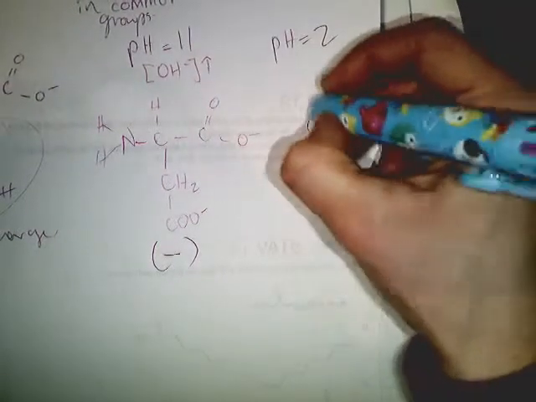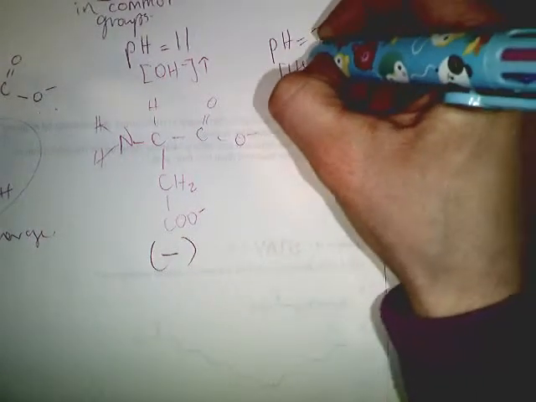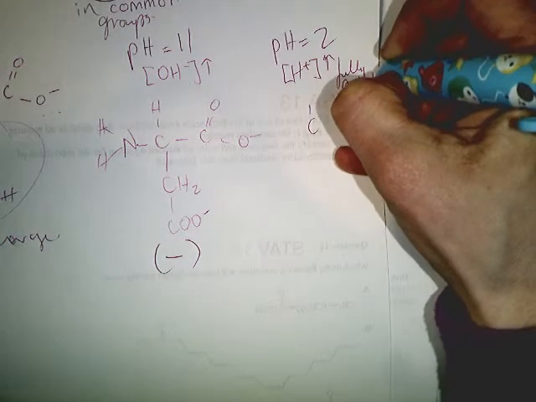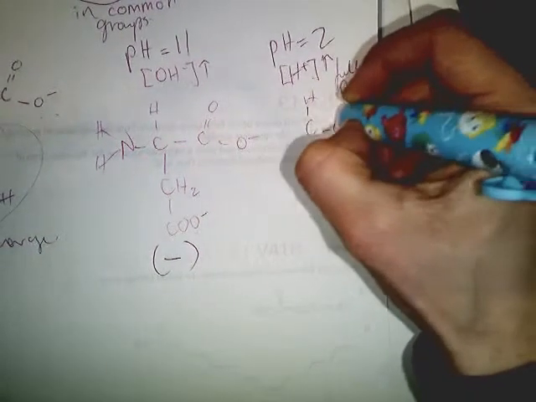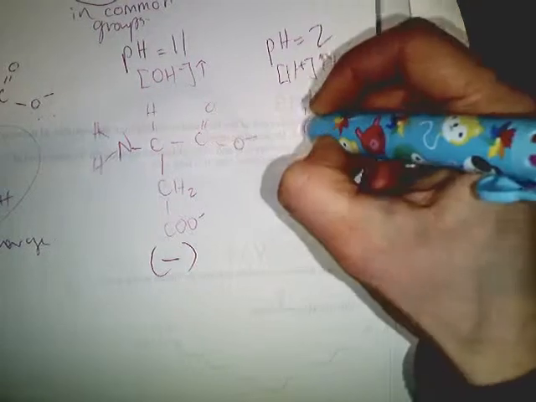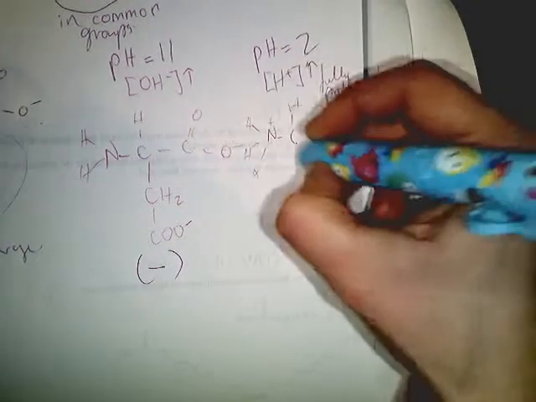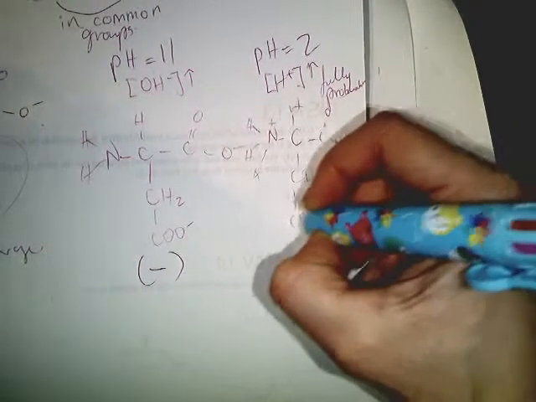Therefore, at that pH, it'll contain a negative charge overall. Now, at pH 2, there'll be a high concentration of H plus in solution, so it'll be fully protonated. So it'll look like that.